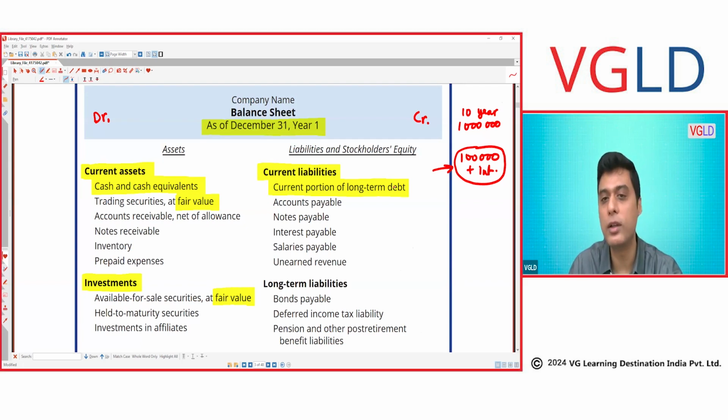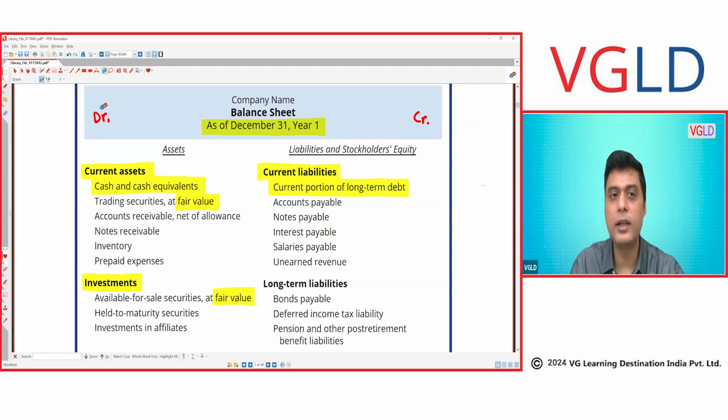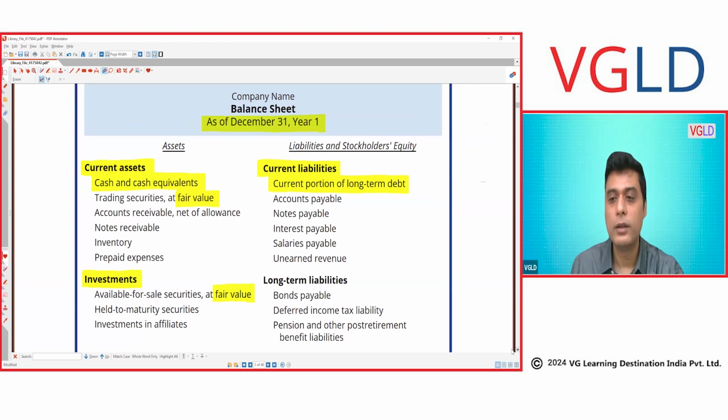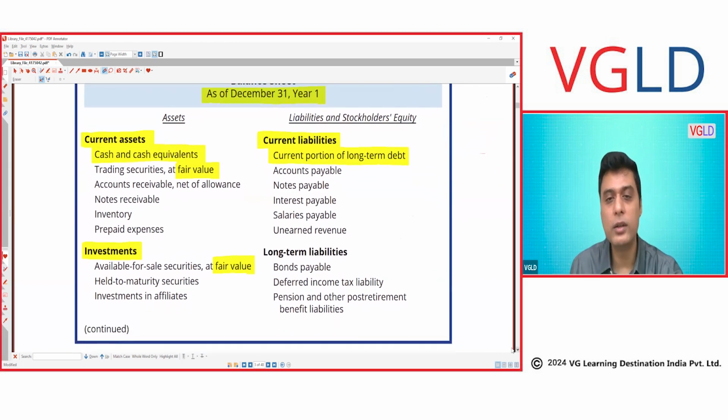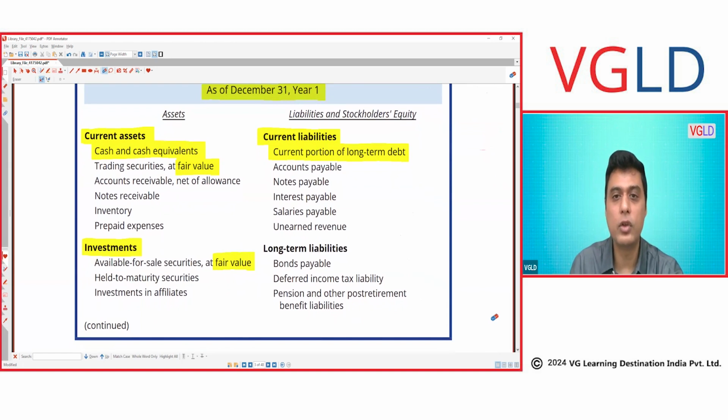So it is going to be shown here in the current liabilities section. US GAAP treats the current portion of long-term debt as current. Small things that you need to remember. If you show the whole thing under non-current, your answer is going to be wrong.